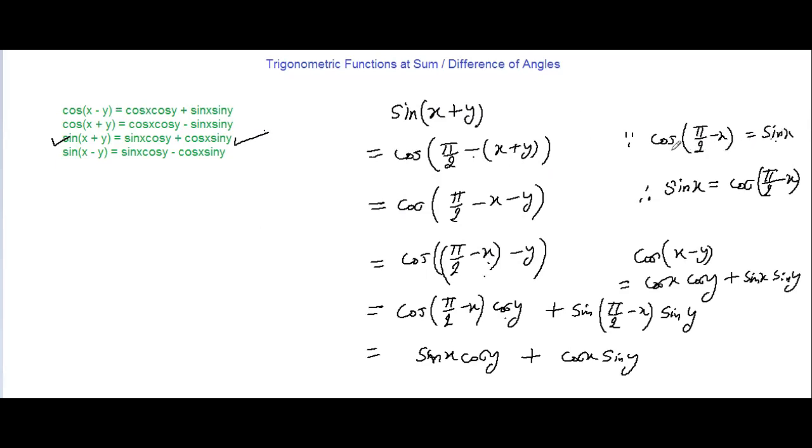Sine of any angle can be written as cos of pi by 2 minus that angle. So if we want to write sine of x plus y, we can write it as cos of pi by 2 minus that angle.